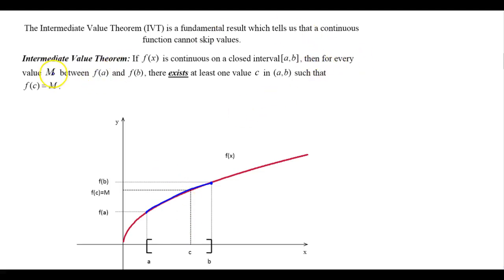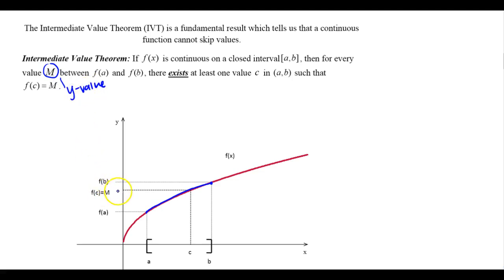Then for every value m between f of a and f of b. So if this is the x value a, f of a is here on the y-axis, and f of b is also on the y-axis. So for every value m, that means that m is a y value.